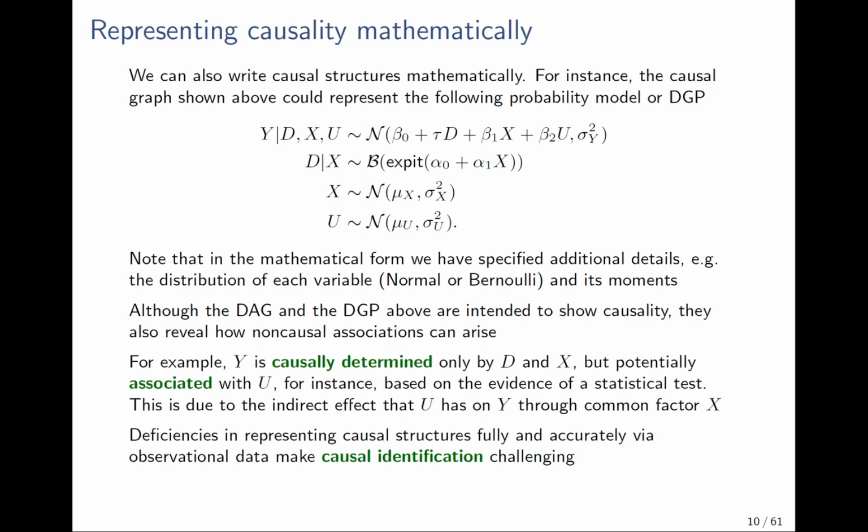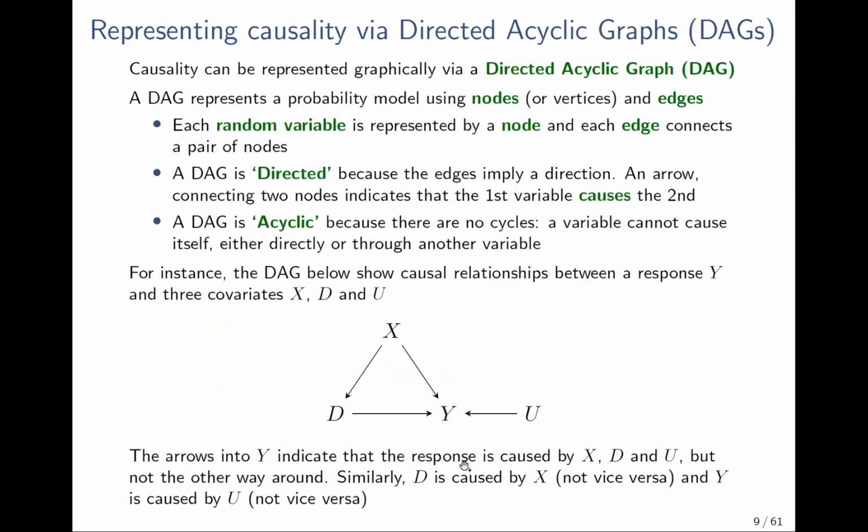So although the directed acyclic graph and the mathematical representation of the DGP above are intended to show causality, they actually also reveal how non-causal associations can arise. And we can imagine, and we're going to give examples of this later, let's say D is ice cream consumption and Y is drowning.